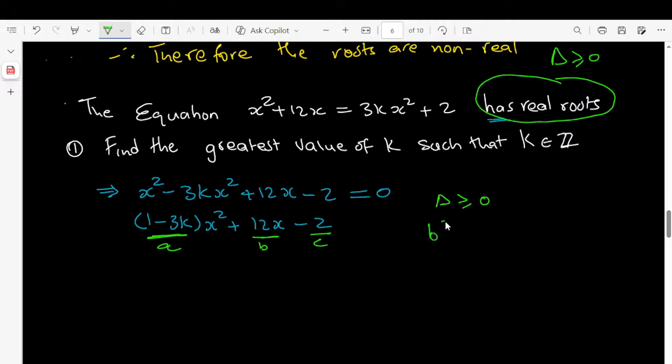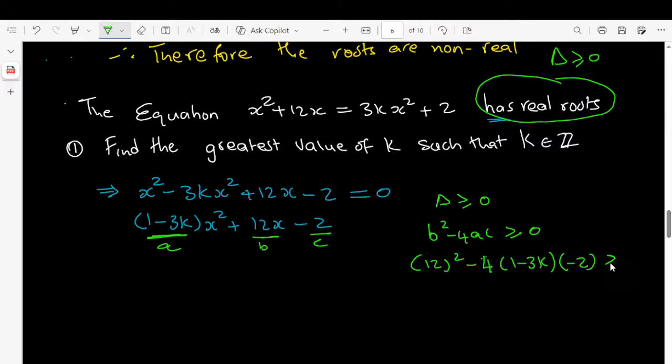Then the discriminant is b squared minus 4ac, and this must be greater than or equal to 0. We just have to substitute. My b is 12, and this will be squared, minus 4, the value of a, which is 1 minus 3k, times the value of c, which is negative 2.